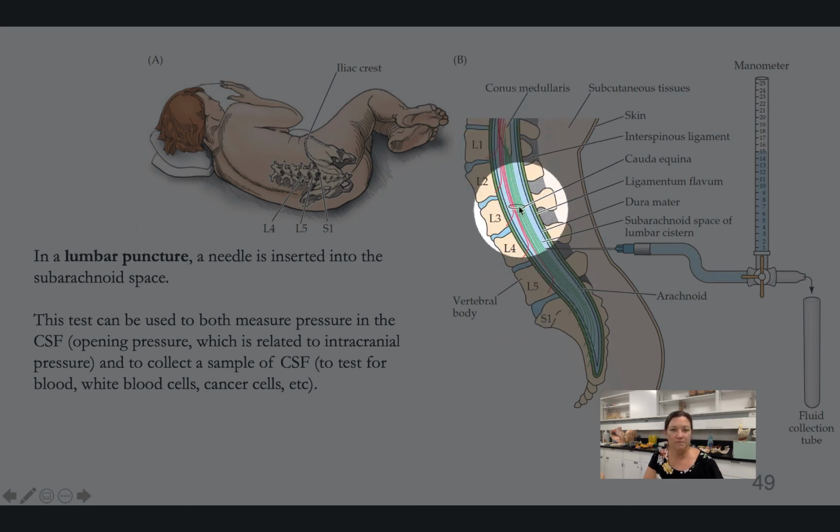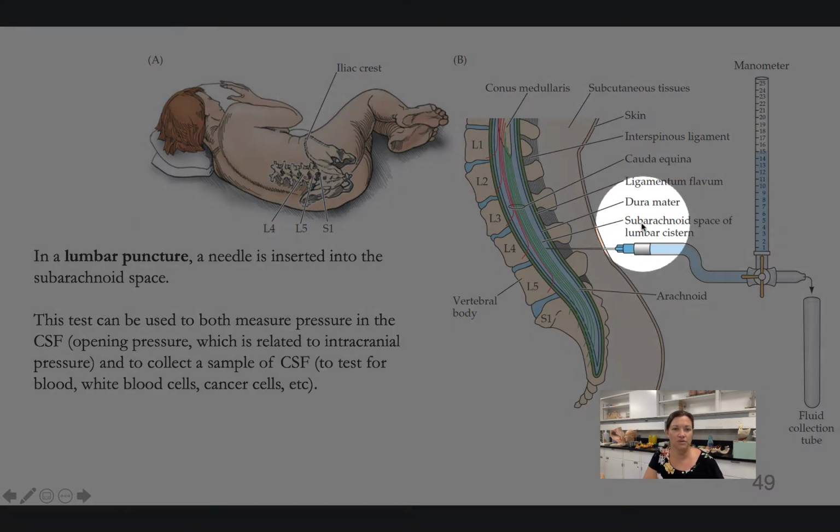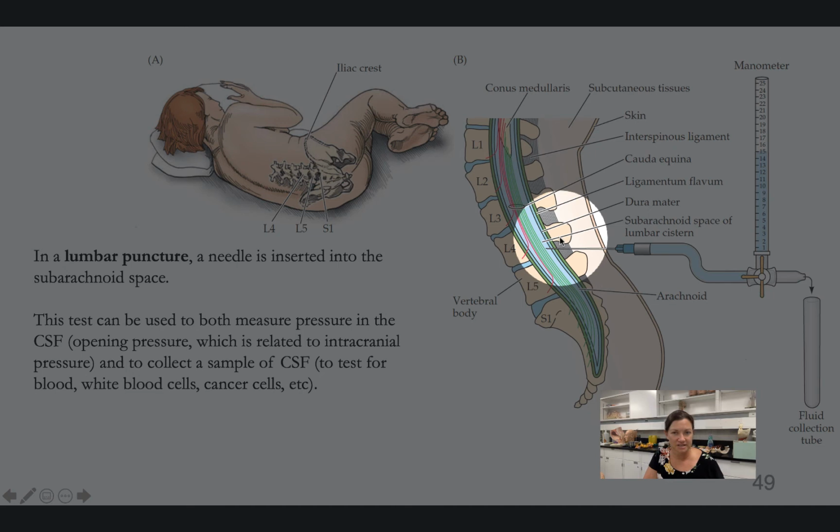And so you harvest CSF in a lumbar puncture by inserting a large needle into the subarachnoid space below the level of the spinal cord, because you do not want to put a needle into the cord. So a normal location is between the L4 and L5 dorsal spinous processes in an adult.